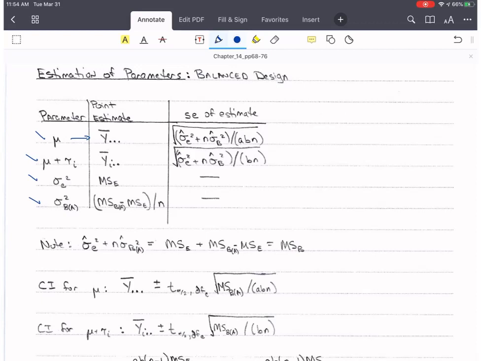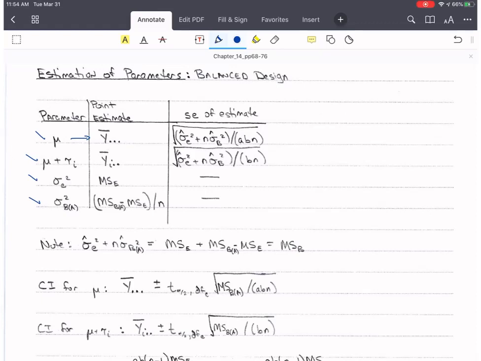And now here is the one that's a little more complicated. For sigma b nested within A squared, it has to be MSB nested within A minus MSE, all divided by n. Let's talk about the standard error of these estimates for the first two, because they're means.